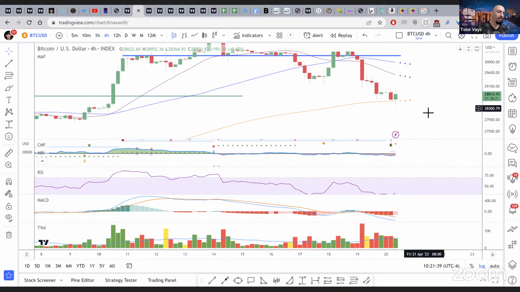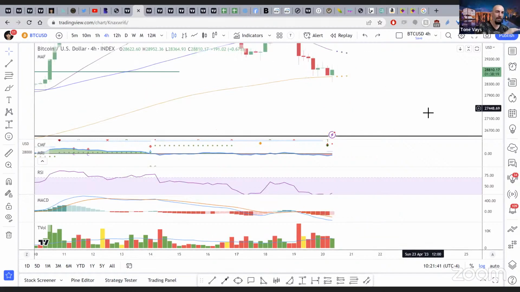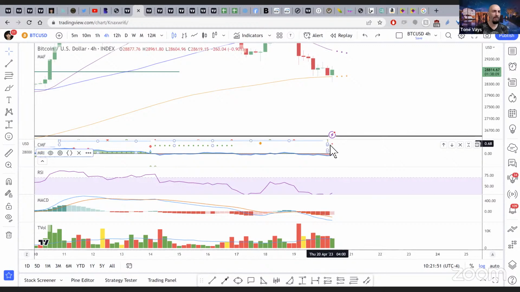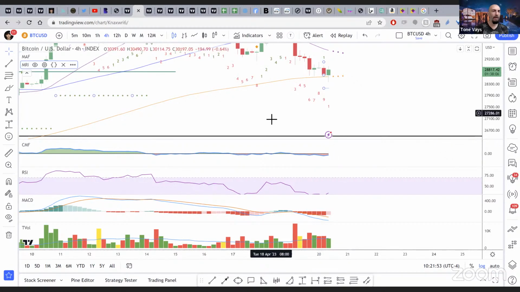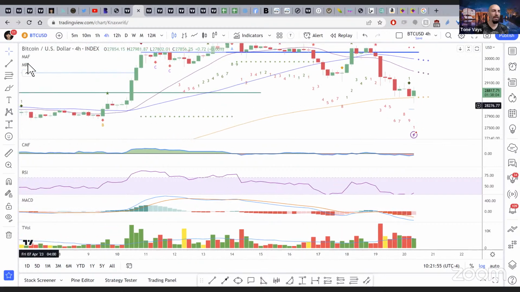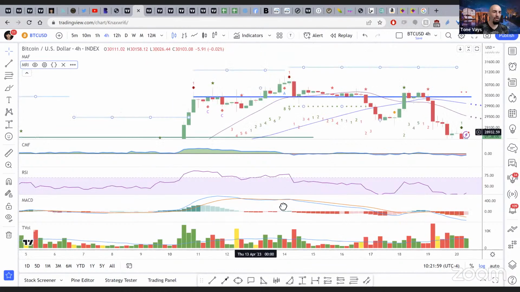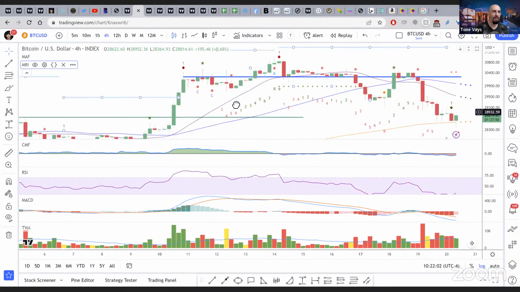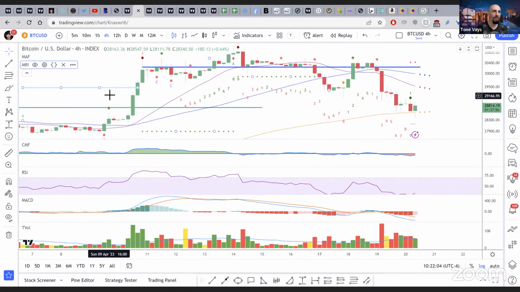Did I just delete the MRI indicator? That was smart, Tone. No, I managed to move it to the CMF. How the hell did I do that? Huh, I did not know you can do that. You can take an indicator like the moving averages, and you can drag them. Oh, wait. Nope, can't do it with the moving averages.